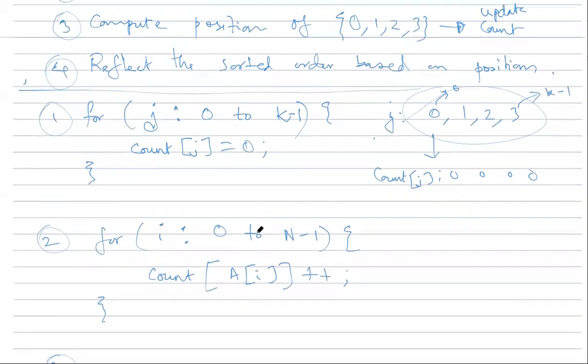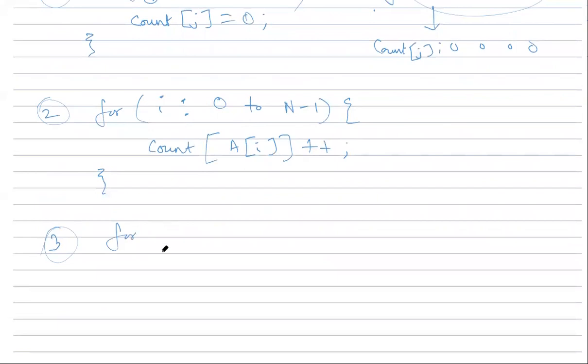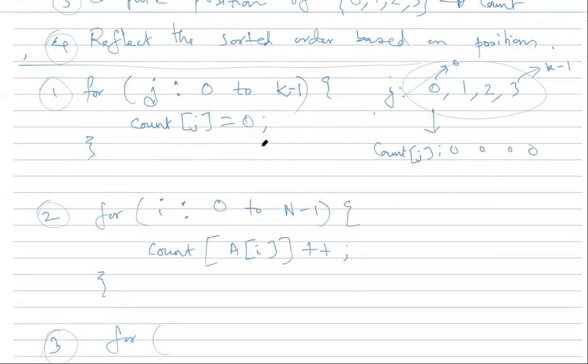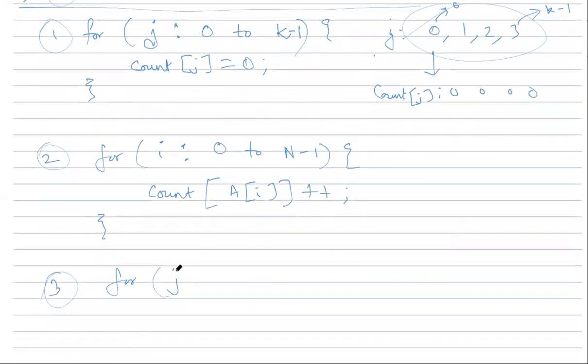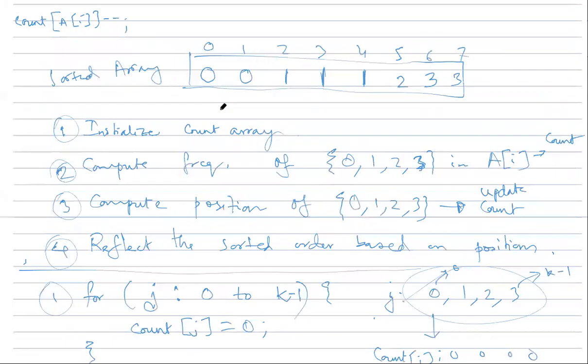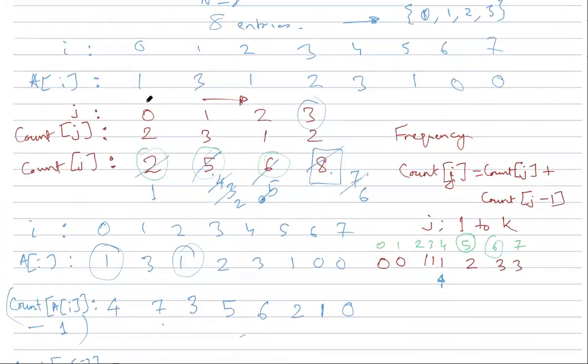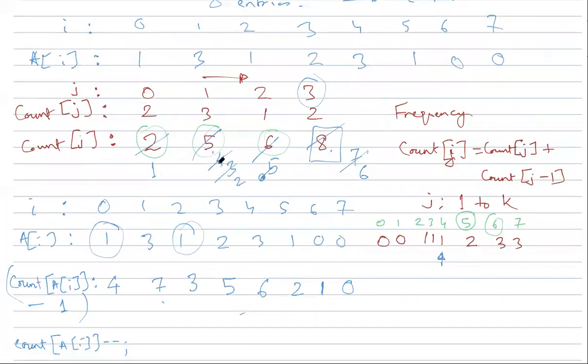Third step. So now we want to do the cumulative part. So this time it's going to run from j going from 1. So remember, if you have to do this positioning, this has to go from 1 onwards.